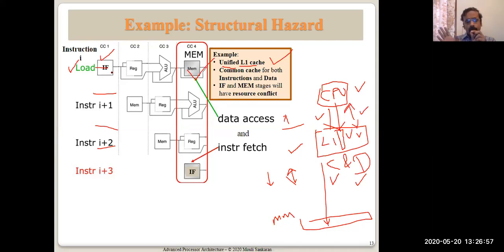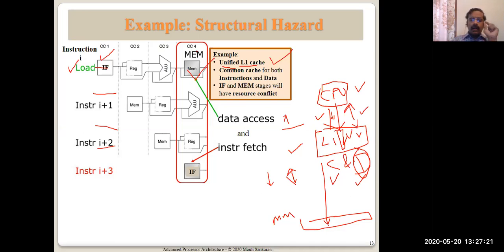I am doing a memory read access. Now there is a problem. I have only one interface. If I have to access the data, I have to put the address of where the data is, and if it is available in the cache, it will be given. But I can't put both code and data together. I can put only one of them.